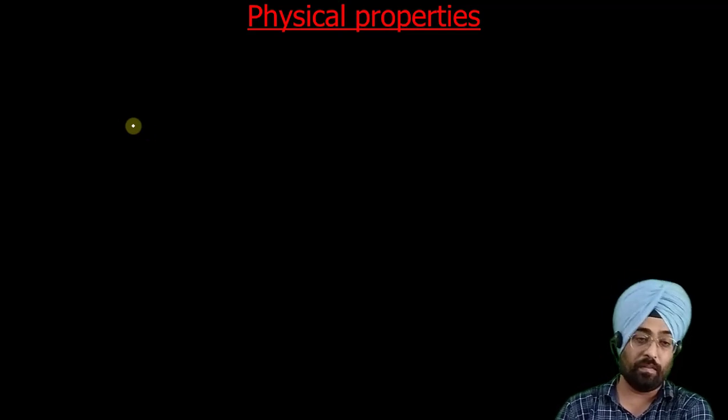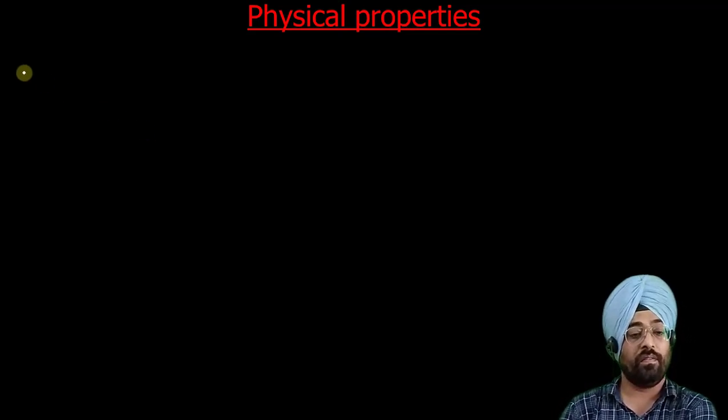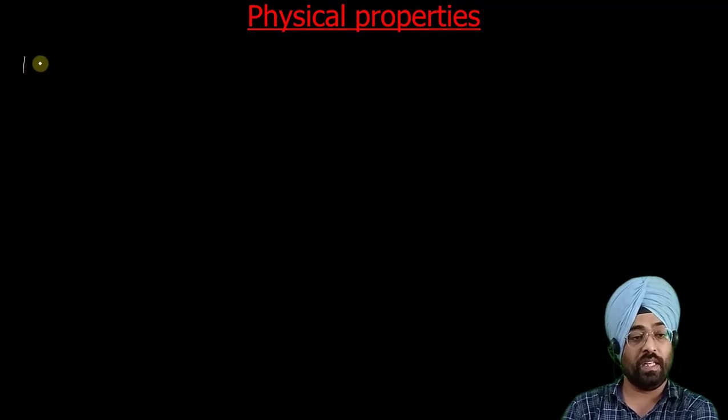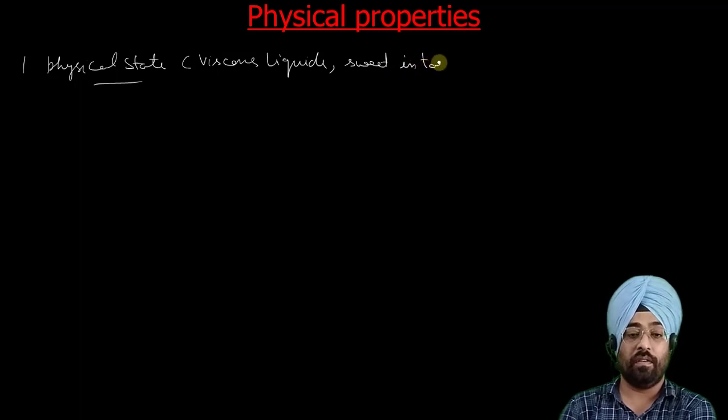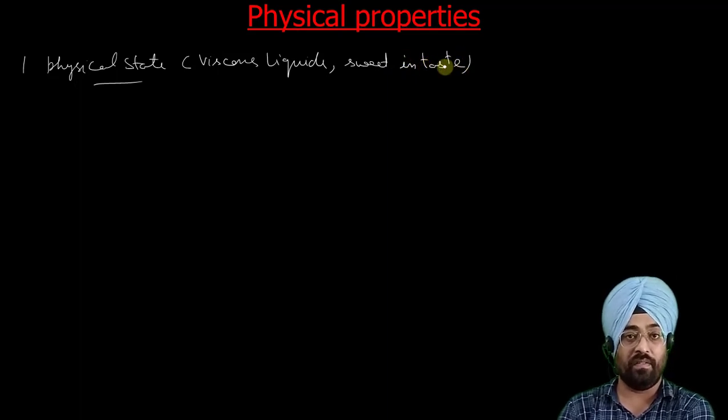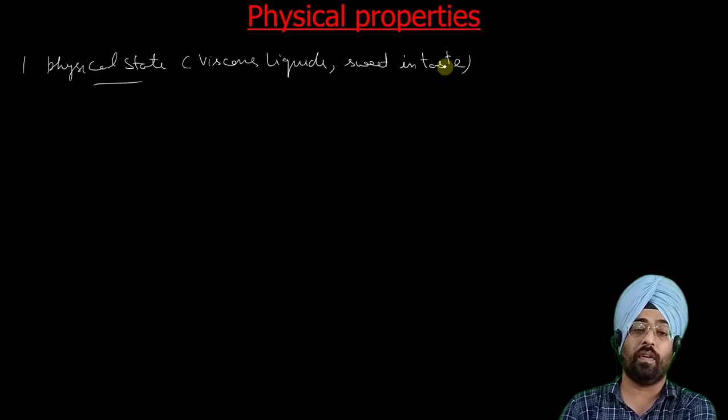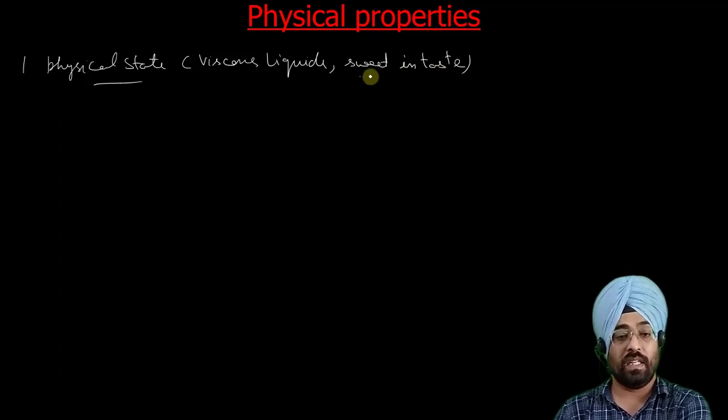Now let us discuss physical properties. When we discuss physical properties, we discuss their physical state. Ethylene glycol or these glycols are viscous liquids, and they are sweet in taste. It is highly prohibited that we should taste any organic compound in the laboratory, but their taste is reported to be sweet.